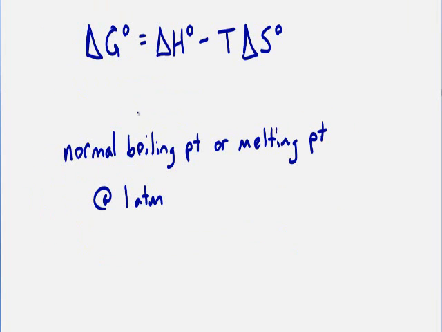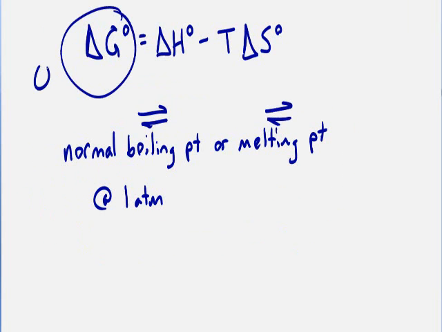And also at a boiling point or a melting point, we're at equilibrium. So what we can do is, under standard conditions, make this delta G equal to 0. We can solve for our temperature, and that would give us our melting or boiling point, our normal melting or boiling point.